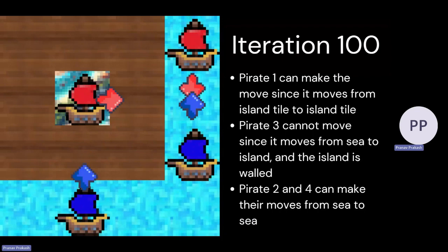So it does not matter that the island is walled off. In a similar way, both the red and blue pirates that are on the right side of the map will be able to make their respective moves since they just moved from a sea tile to a sea tile. But if, for example, the red pirate near the top of the map tried to move even higher, since that is the border of the map, he would also not be able to move.